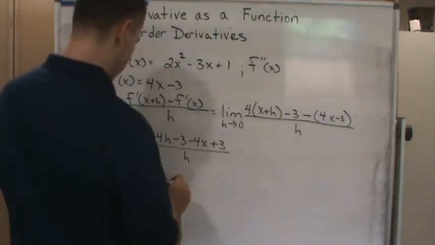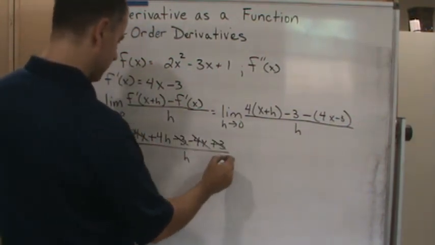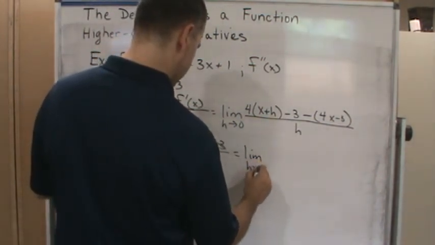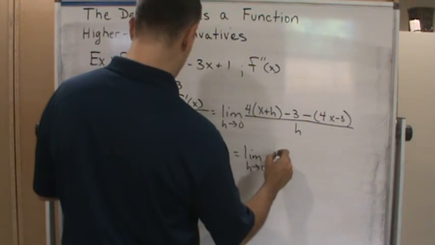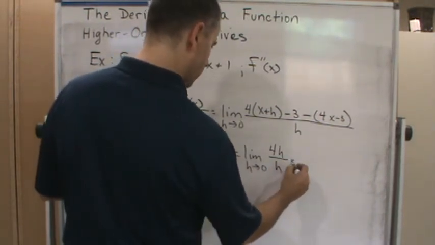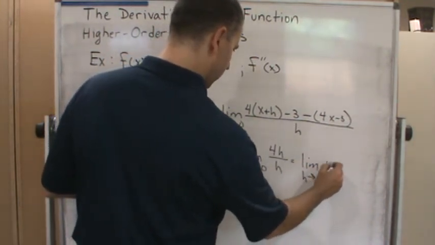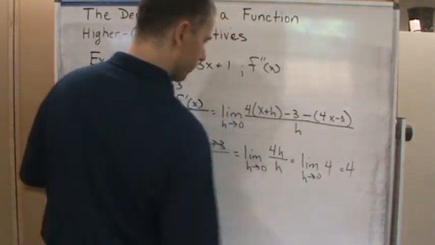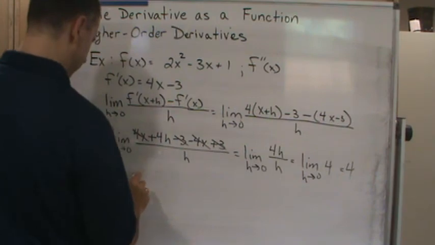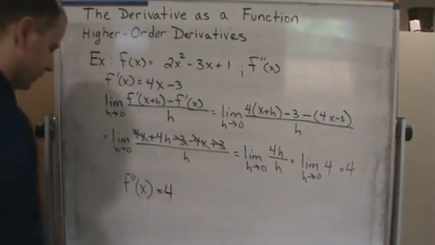And so now 4x minus 4x, minus 3 plus 3, and we end up with the limit as h approaches 0 of 4h over h, which equals the limit as h approaches 0 of 4, which equals 4. So the second derivative, f double prime of x, is 4.